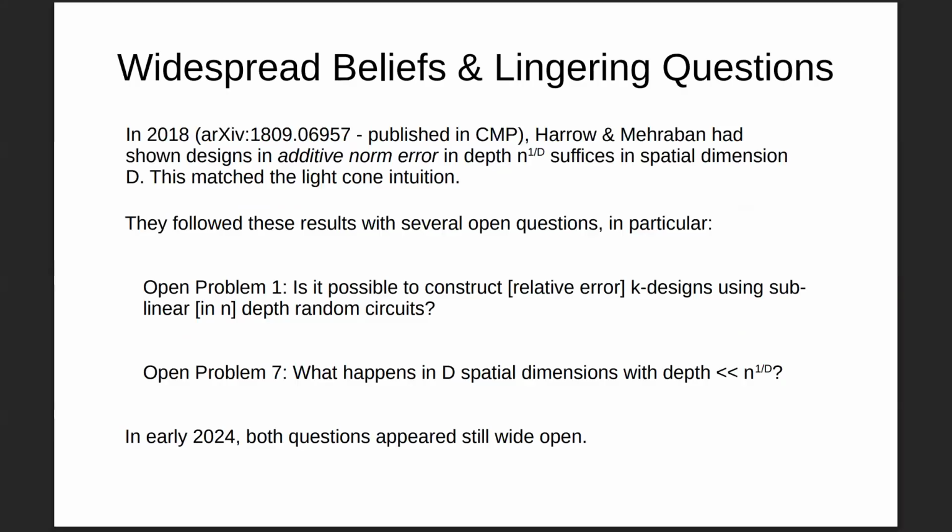Can you show rigorously that if you have a lattice in spatial dimension capital D, not Hilbert space dimension, then the depth should scale something like n to the power of 1 over D, because that would be the length of a diameter from corner to corner. And they also asked, is it possible to construct these relative error K designs using sublinear depth at all in the qubit number?